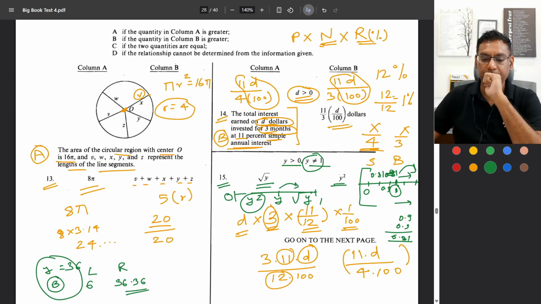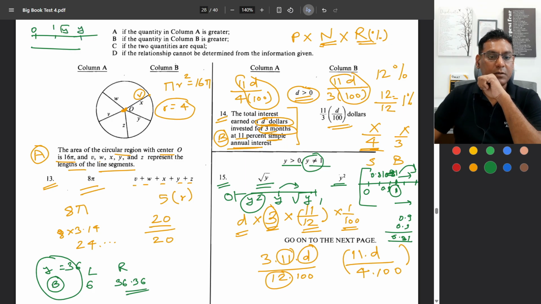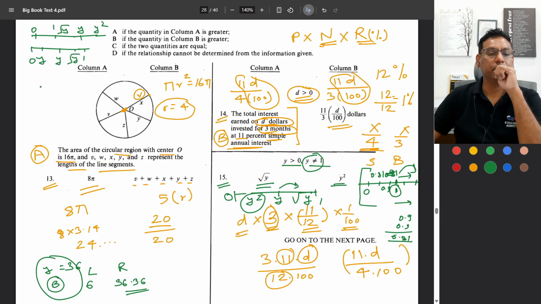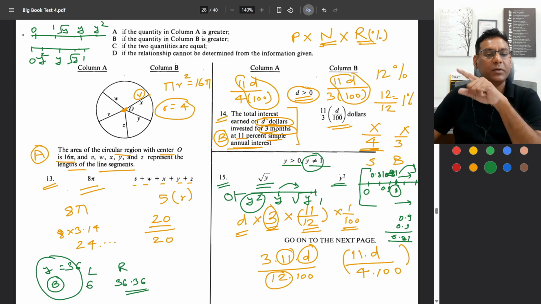Whereas in the other case, on the number line from 0 to 1, if I have y here, root y is here, and y square is here, right? But if I have y somewhere in the middle, I have root y here, y here, sorry, y square here, correct? So in both cases, I get a different relationship between root y, y square and root y.